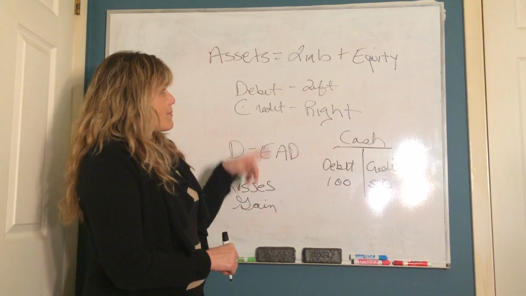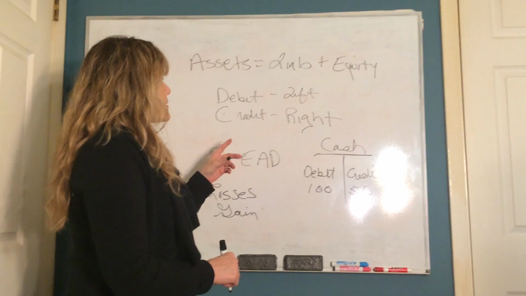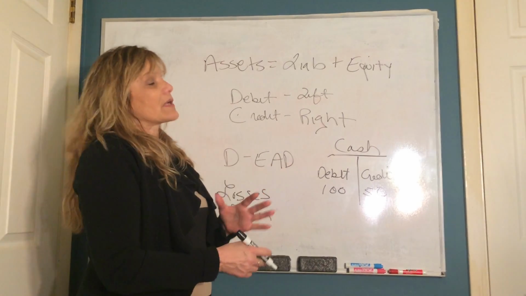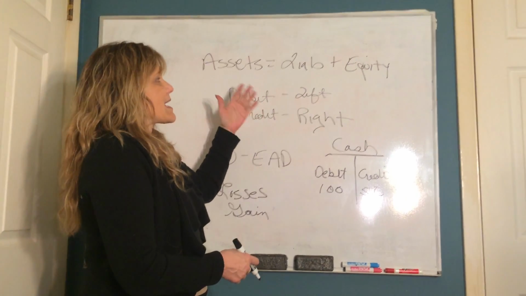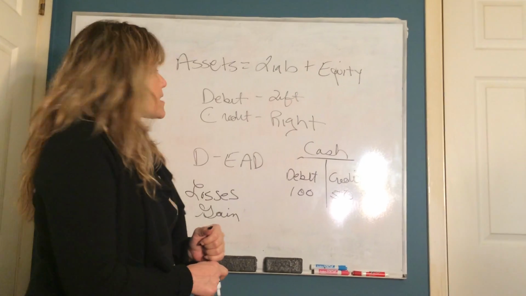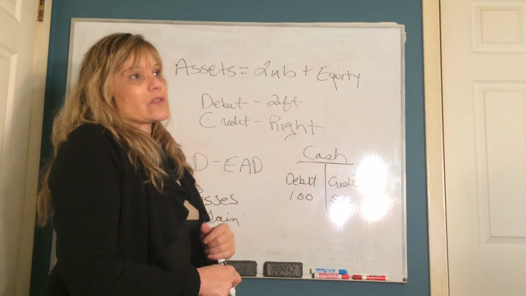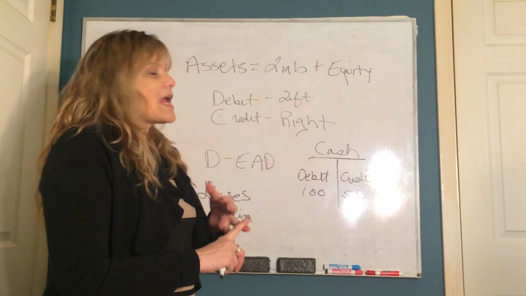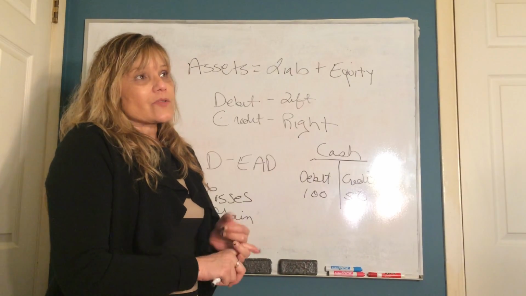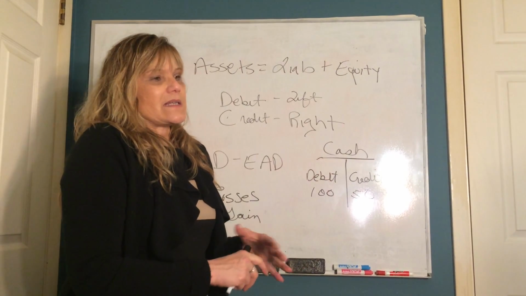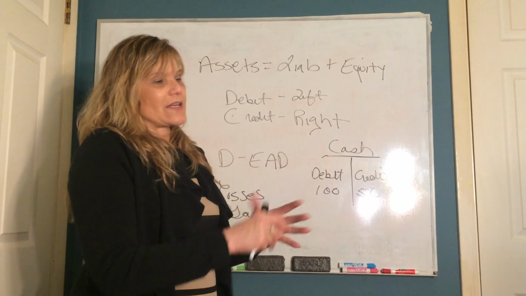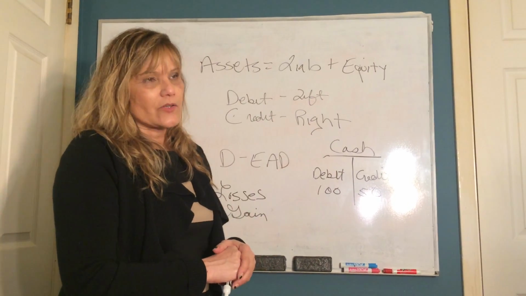The only other thing I want to remind you of is it's really important to remember what each account is. What type of account is it? So you know, is it an asset, a liability, or an equity account? So for example, assets, the ones we'll talk about this week are cash. We all know what cash is. Accounts receivable. Accounts receivable is if I go into Macy's and I buy a blouse and I charge it on my charge account for $20.